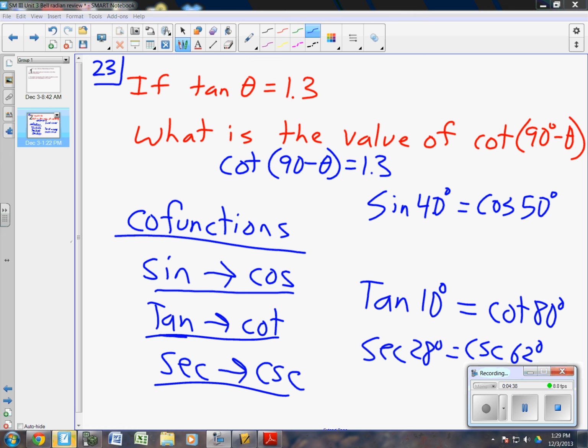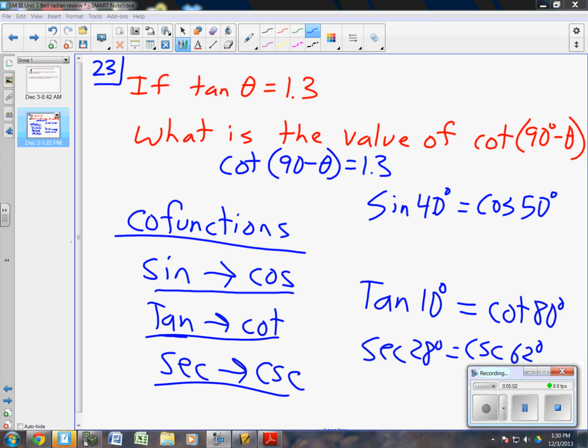So 40 plus 50 is 90, and sine and cosine are cofunctions, right? They add up to 90 degrees. They don't have to be equal, they just have to add up to 90. 10 plus 80 adds up to 90. 28 plus 62 adds up to 90.